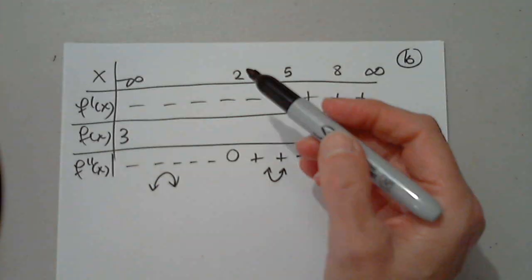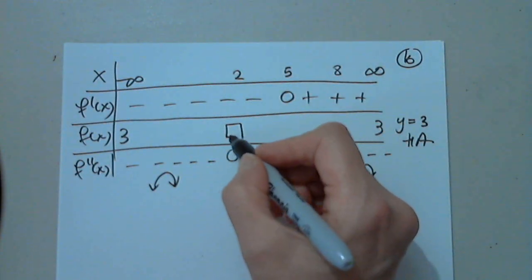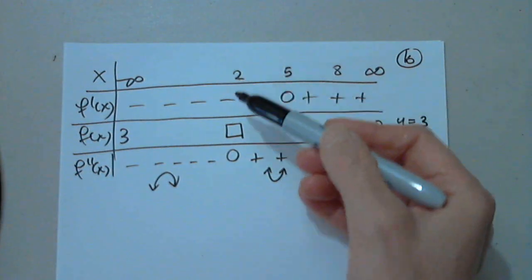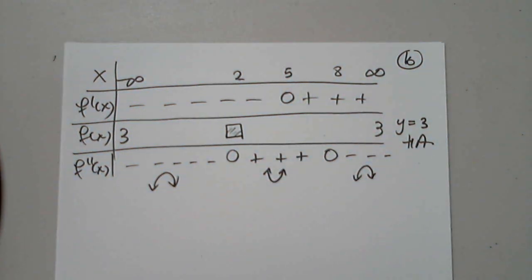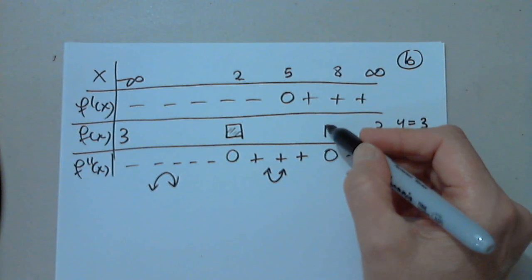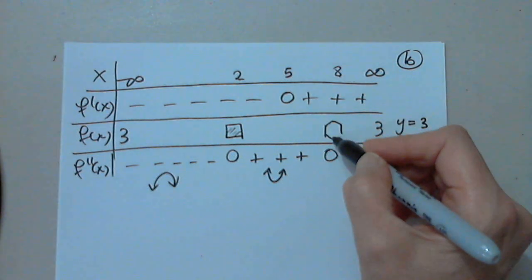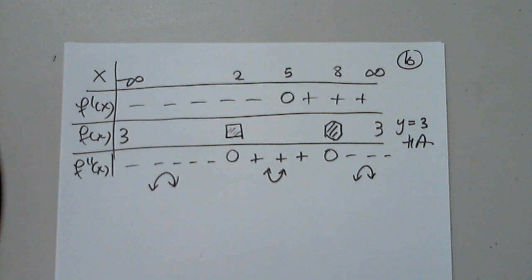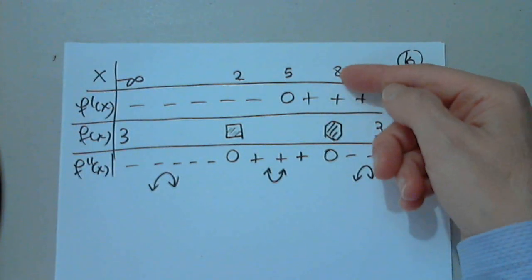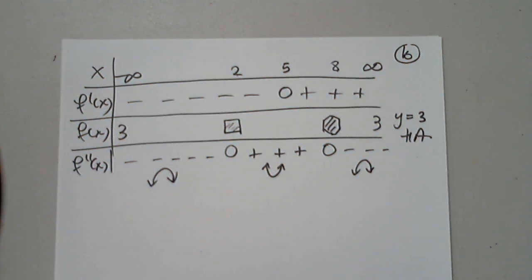Okay, so obviously this, with whatever you want to put in here, is what type of point? 2 comma whatever, what point is that? And 8 comma whatever number you want. What are they? Can anyone tell us what they are and why?